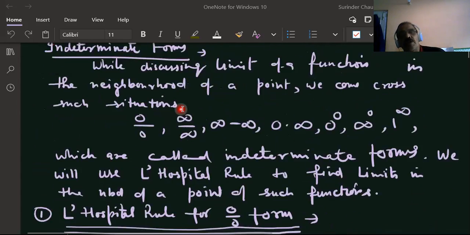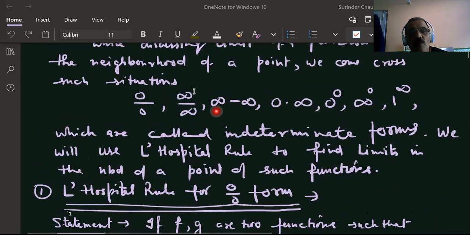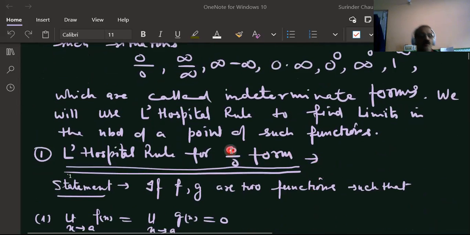So first we'll take the 0 by 0 indeterminate form, and we'll apply the L'Hospital rule to find the limit in which we got the 0 by 0 form. So how to use the statement of the theorem?